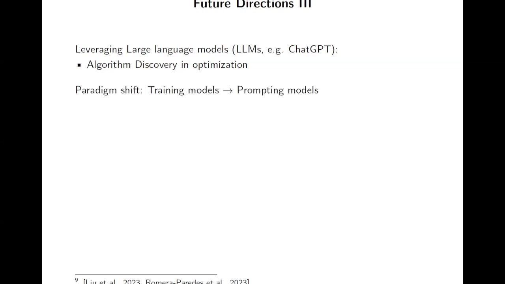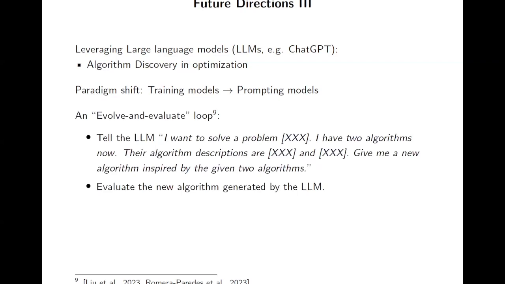In this kind of work, I think the paradigm is changed from training models to prompting models. I call this kind of method evolve and evaluate. Evolve means that we tell the large language model, I want to solve a problem, and give the problem description. I have 2 algorithms now, and give the algorithm descriptions, and then give me a new algorithm inspired by the given 2 algorithms.